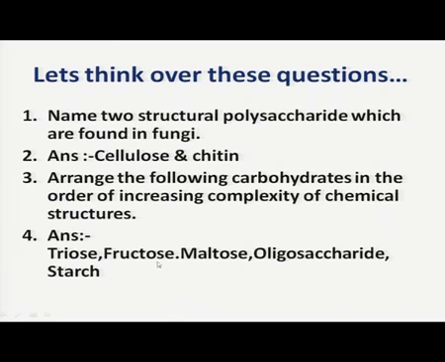Next one, fructose, that contains 6 carbon atoms, and next one maltose. Maltose is a type of disaccharide which is made by glucose units linked with the help of glycosidic bond.